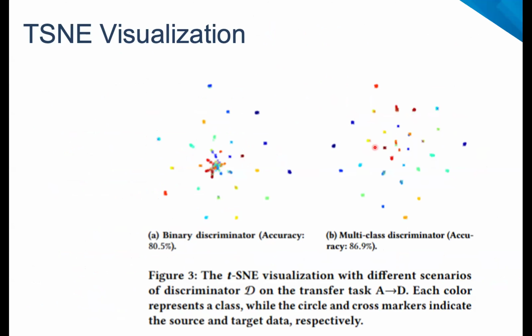And you can see that the algorithm can solve the problem of coercive in the latent space. And the target examples and the source examples really mix up accurately in the latent space. That's why the approach works well.